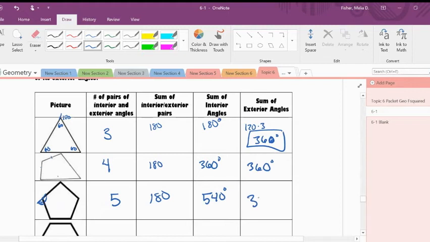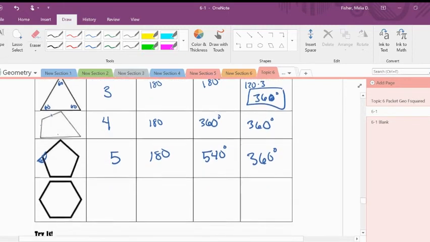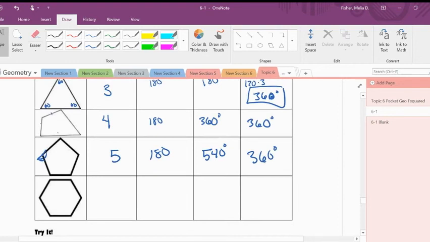And the sum of the exterior angles will add up to 360. And the six-sided will have 6 pairs, and each pair adds up to 180. And 6 is 720. And the total will be 360 degrees.